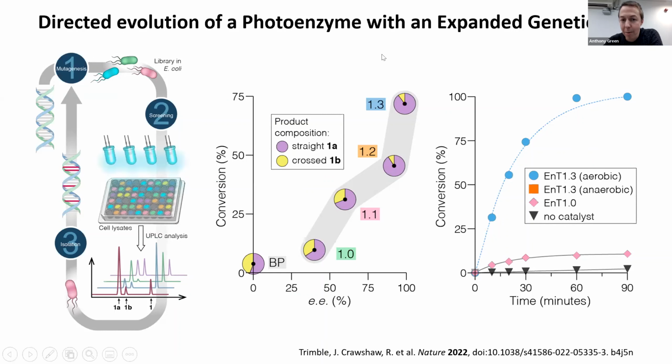Two features I want to point out about why these enzymes are so interesting is that, first of all, they operate at room temperature. And this contrasts with any other small molecule photocatalyst, which typically requires cryogenic temperatures to get it to work. The second aspect is that the reactions are completely tolerant of oxygen. Normally photocatalysts are very efficiently quenched by triplet quenching of oxygen.